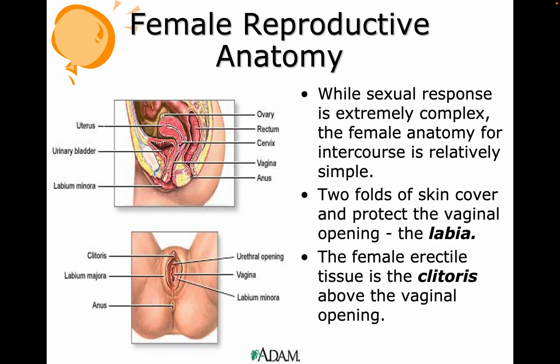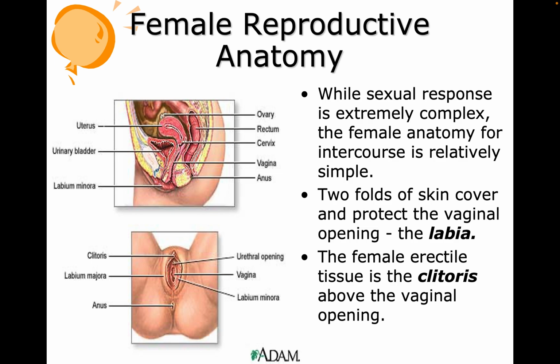The female erectile tissue is the clitoris, above the vaginal opening, and you can see where the clitoris is. Well, it doesn't show it over here, but it's right there, right above the vaginal opening. The clitoris is the erectile tissue of the female, just as the penis is the erectile tissue of the male, and as a matter of fact, they are almost identical in structure.